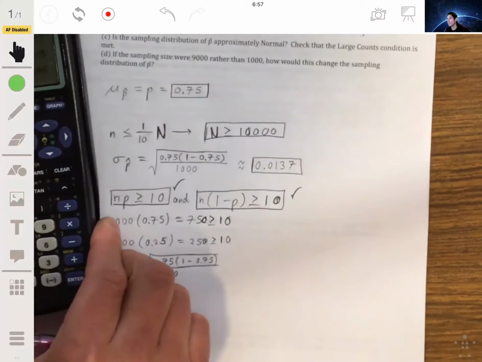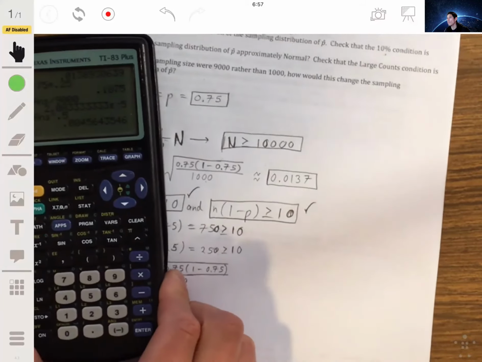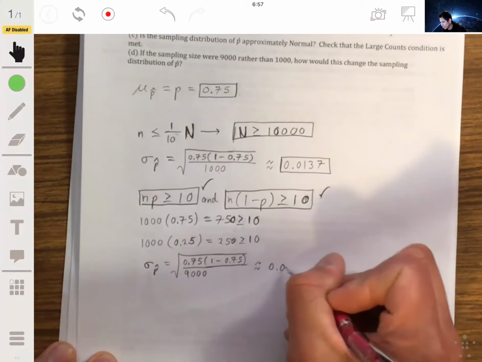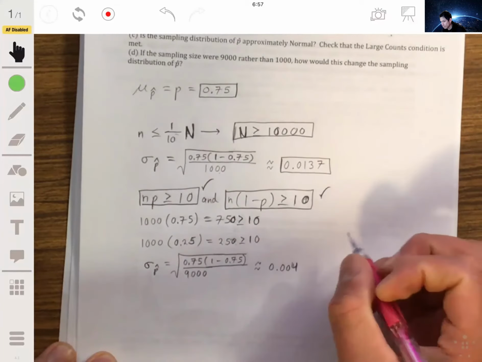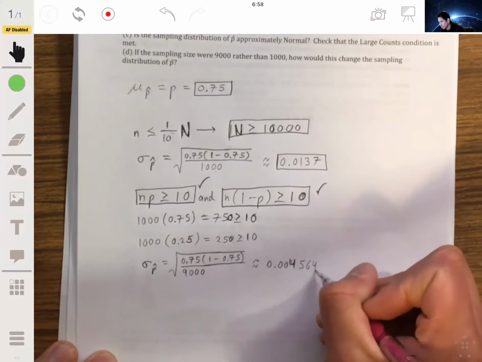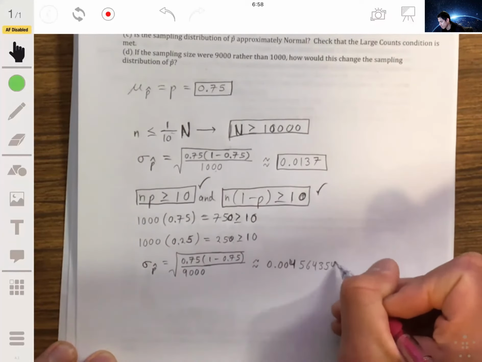We would get about 0.0046, or to be even more accurate, 0.00456435546.